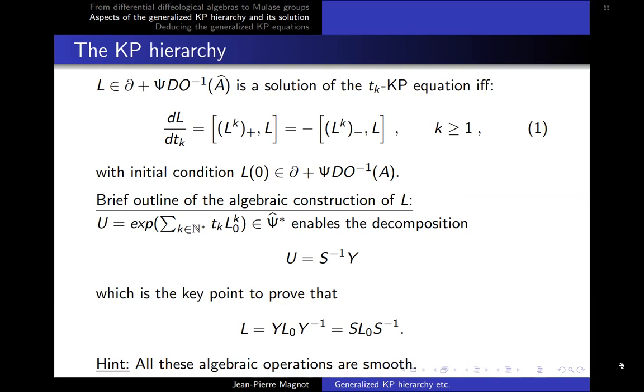So actually in the existing literature, these are only algebraic operations. But remember that now psi hat star is a diffeological group, and that the decomposition is smooth.